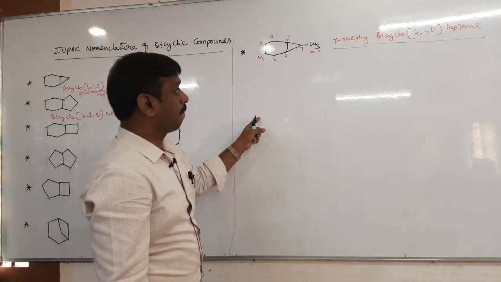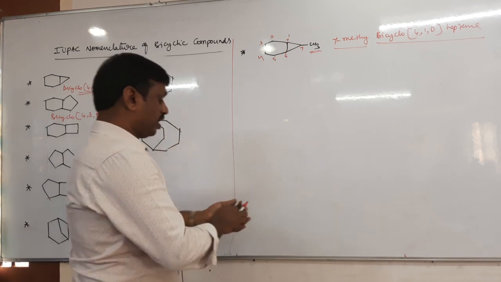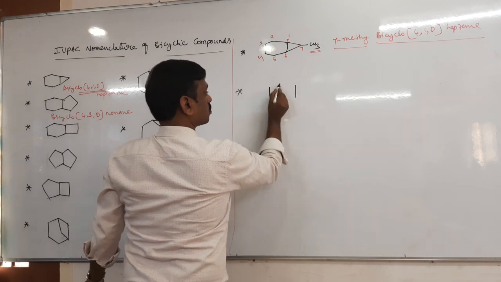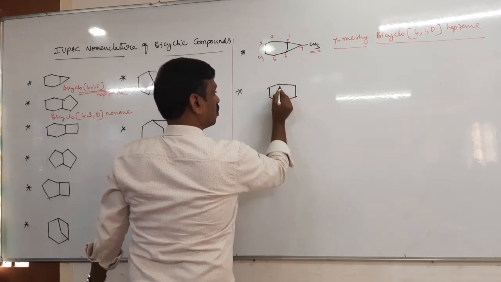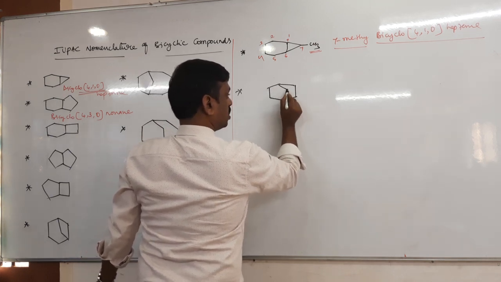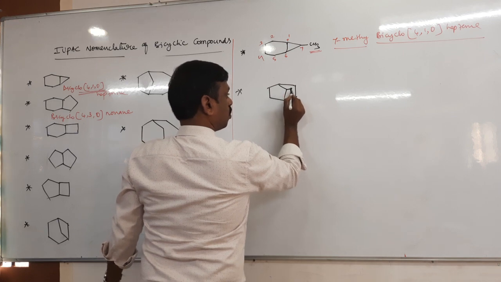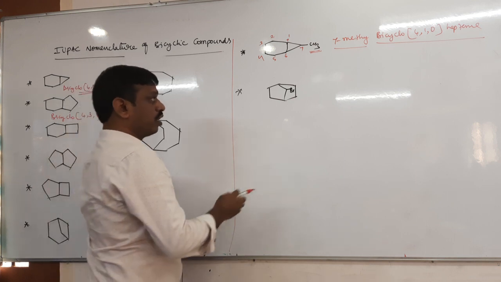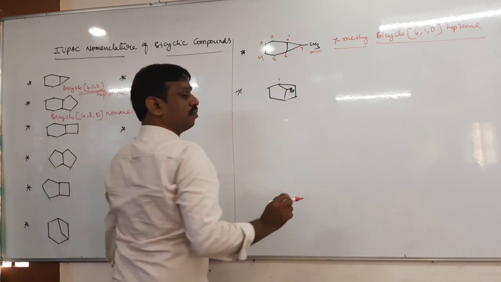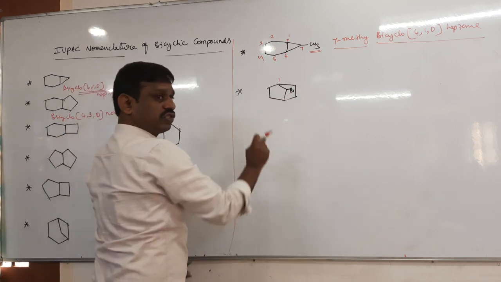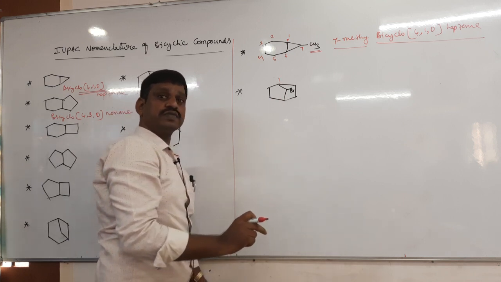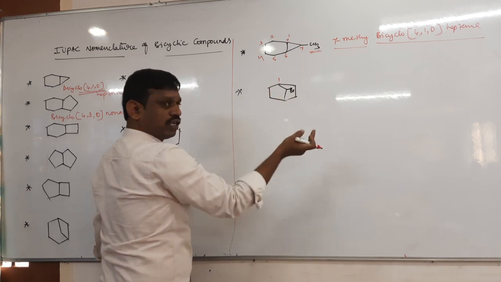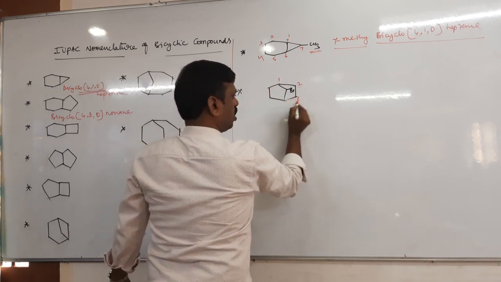Tell me. Here there is a center carbon. Take that example, with a bromo group. Your numbering should start from a bridgehead carbon, either this or this, then proceed first along the longest bridge. 1, 2 on both sides are the same, therefore I will give 2, 3, 4.